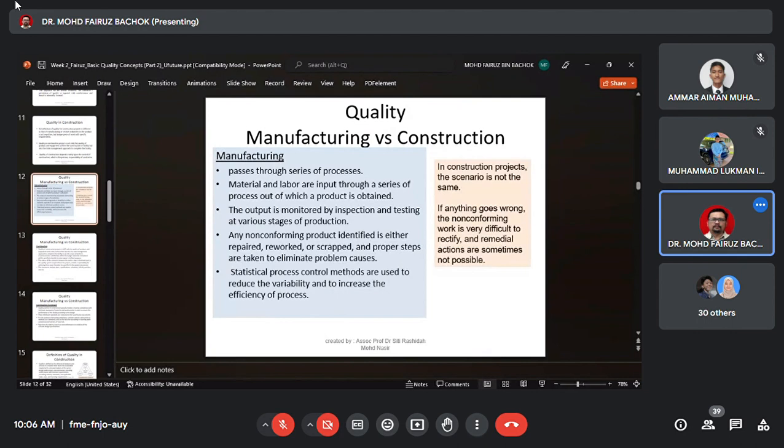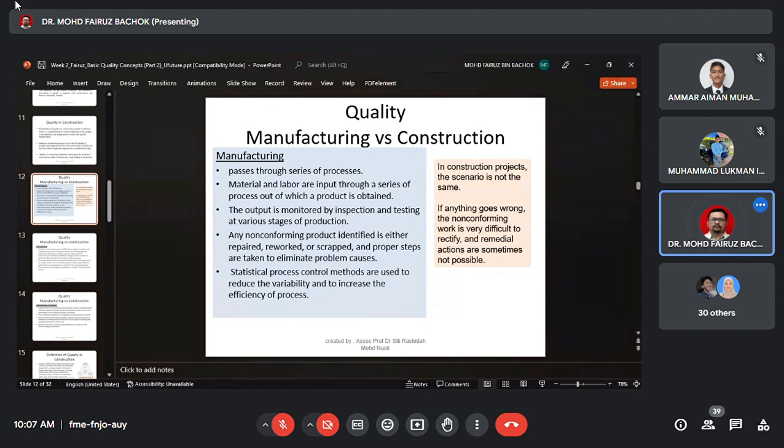So in a construction project, the standards are not the same as in the manufacturing process. If anything goes wrong, the work is very difficult to rectify, and remediation is sometimes not possible, because a construction product is not a small product. Also, producing the product needs human manpower, not like manufacturing, where most of it is produced or controlled by machine. In construction, we need more manpower.